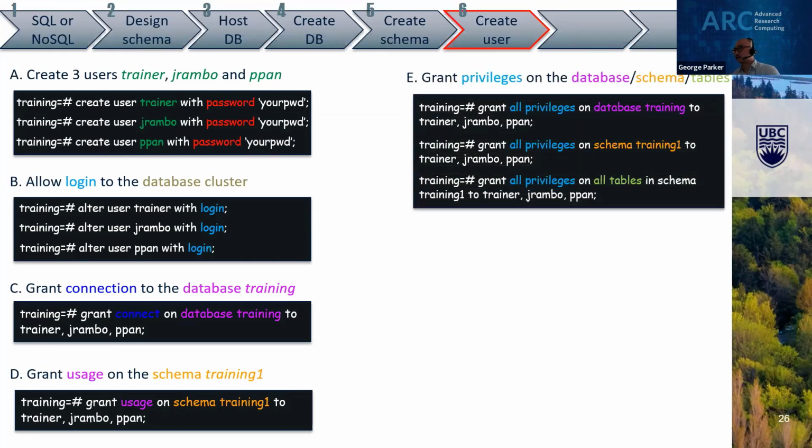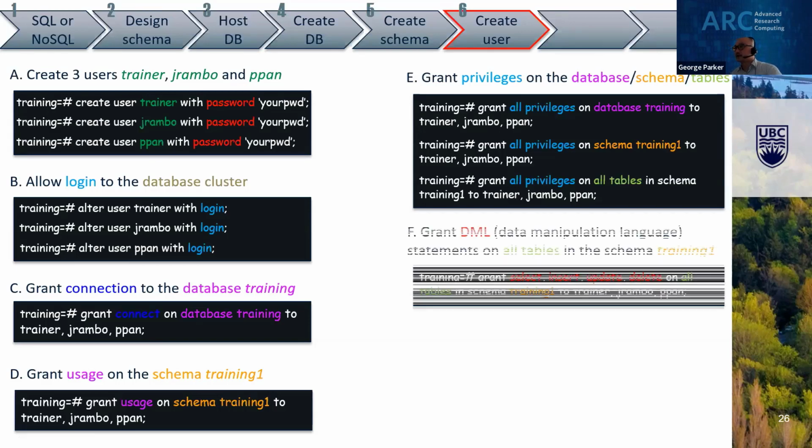Next, I give them some privileges to the database, schema, and tables. And don't get confused by this ALL PRIVILEGES. It doesn't mean all the privileges. So they could connect, they could create temporary tables or stuff like that.